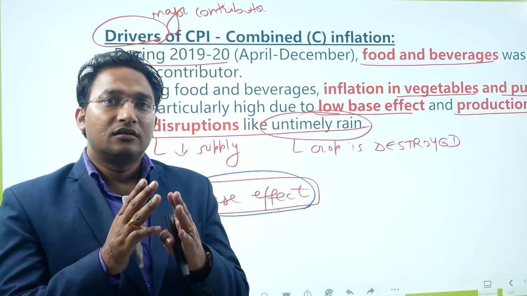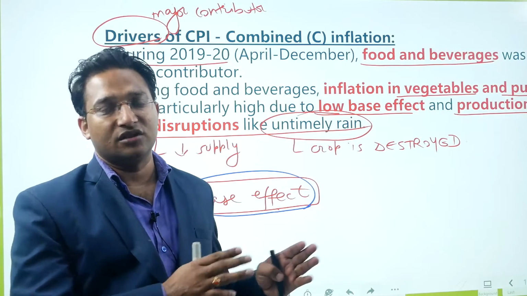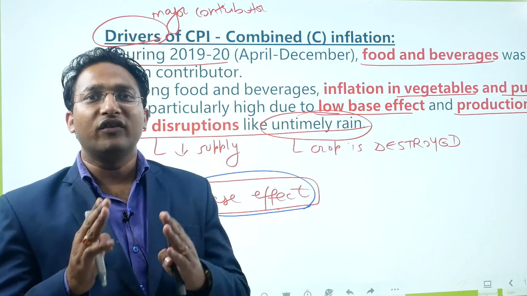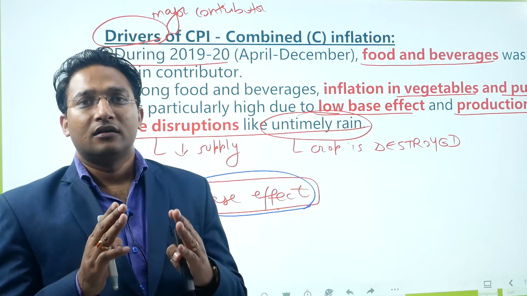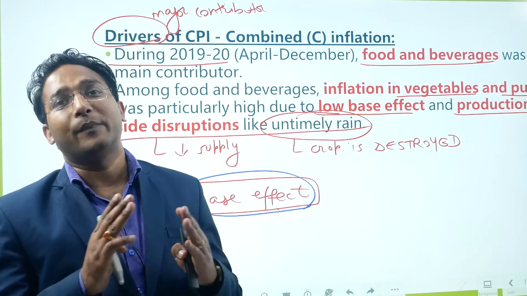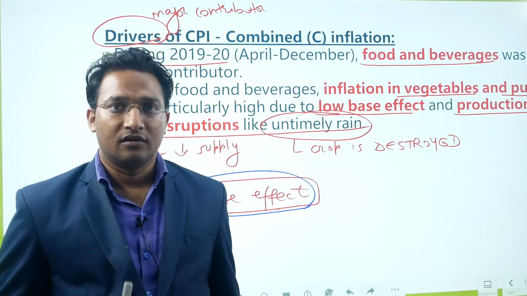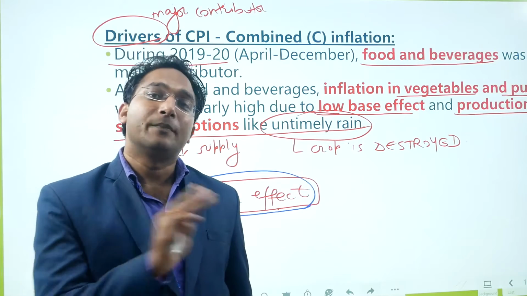And I hope you remember how to measure inflation. The measurement of inflation is basically done by calculating the percentage change in the price index compared to the reference time. Reference period is normally the previous year.